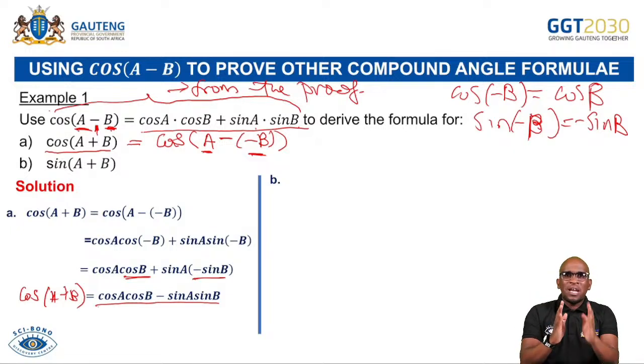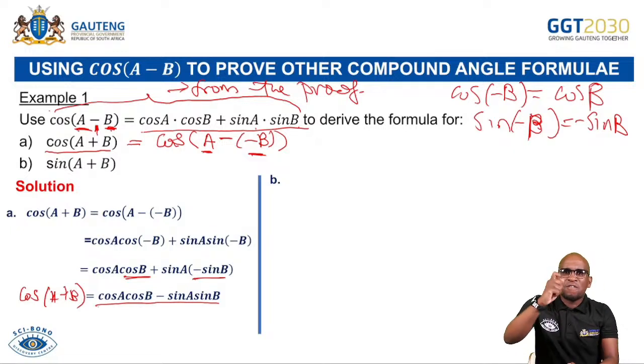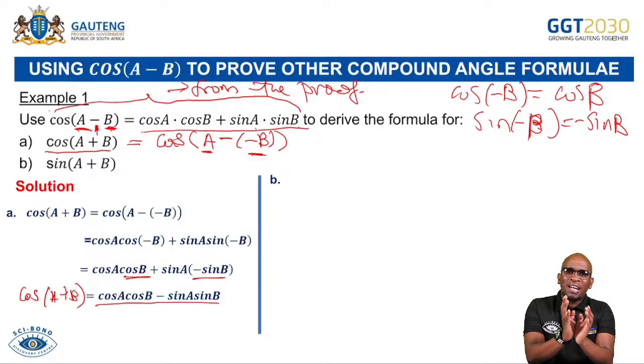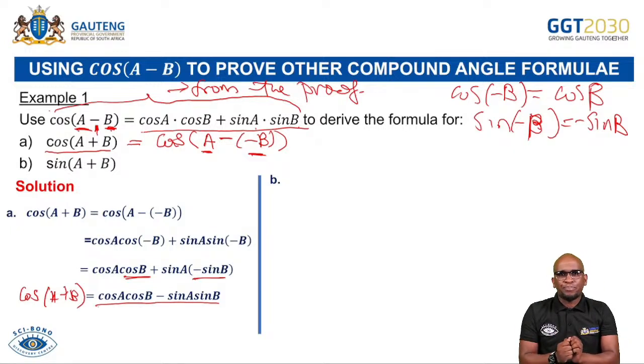We were supposed to prove the cosine of A plus B, but we are given the cosine of A minus B. So we want to write A plus B as a difference of two angles. So we said it's A minus negative B, which algebraically is still A plus B.